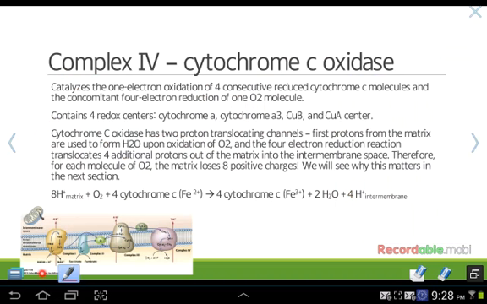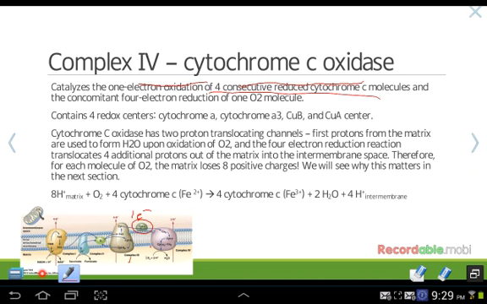All right. Complex 4 is also called cytochrome c oxidase. This catalyzes the 1-electron oxidation of 4 consecutive reduced cytochrome c molecules. Remember, cytochrome c only carries 1 electron from complex 3 to complex 4, so complex 4 requires a total of 4 cytochrome c molecules.